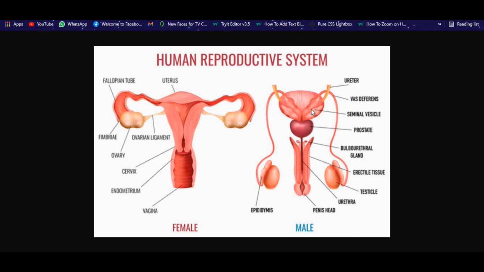This one hasn't identified the bladder, but the bladder is this little space here, attached to the seminal vesicle, which is attached to the prostate, and the urethra, which we see over here.